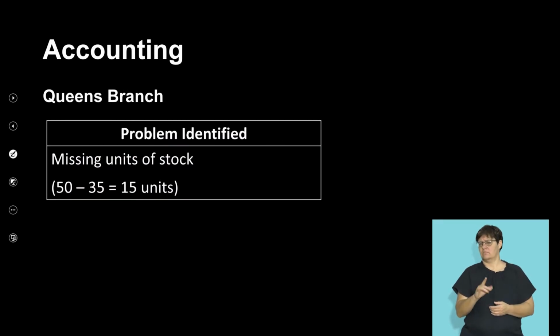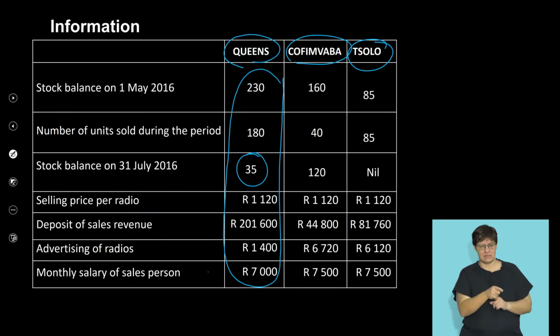Therefore, it tells you that there are units that are missing. So clearly you can see that when you're analyzing a question of this nature, look at the information that is provided to you. We looked at it, and in terms of the stock, we found that in this particular branch, there were 15 units of stock missing.